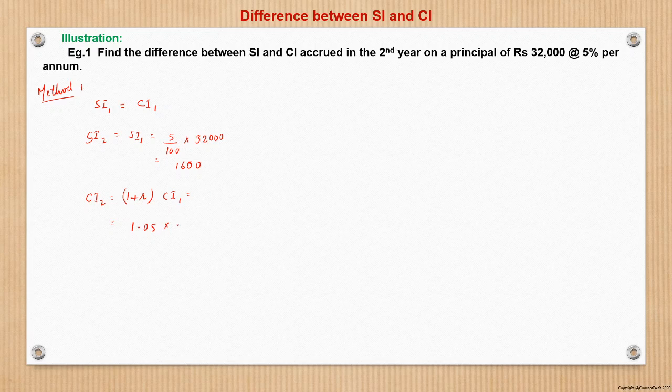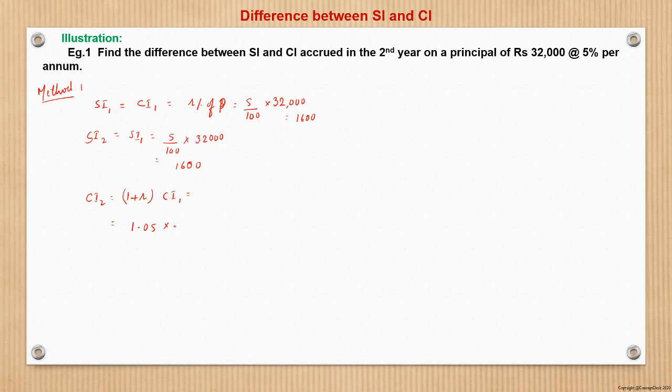CI1 is what? That is R percent of P, which is 5 by 100 into 32,000, which is 1600, right?